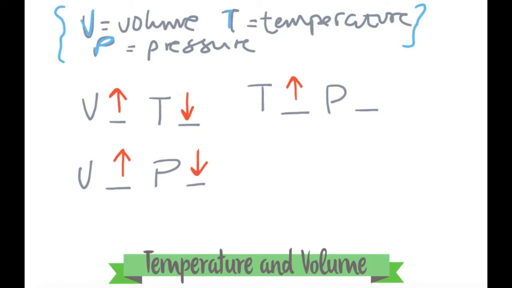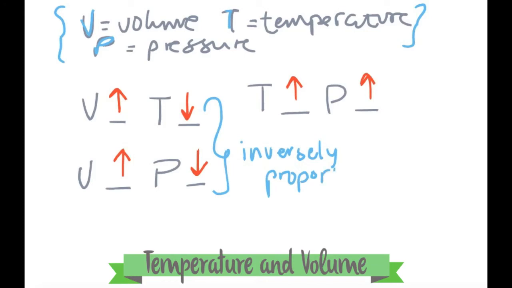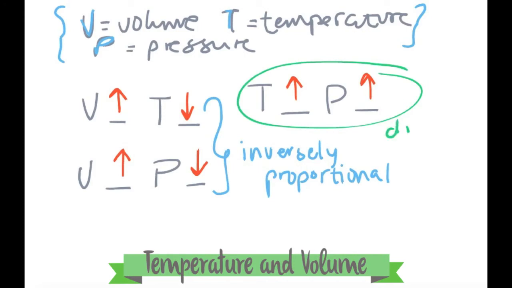As temperature increases, pressure increases as well. From this we can see that volume and temperature, and volume and pressure are inversely related, or inversely proportional, while temperature and pressure are directly proportional.